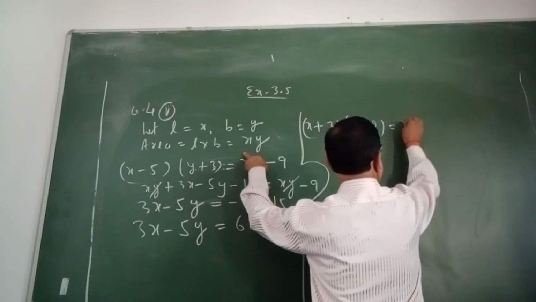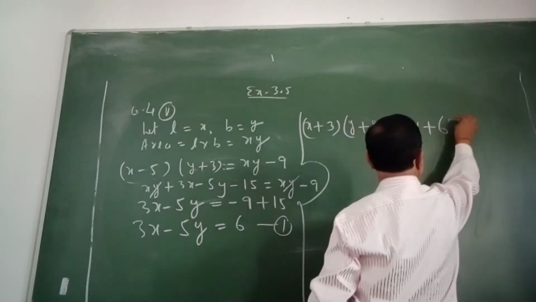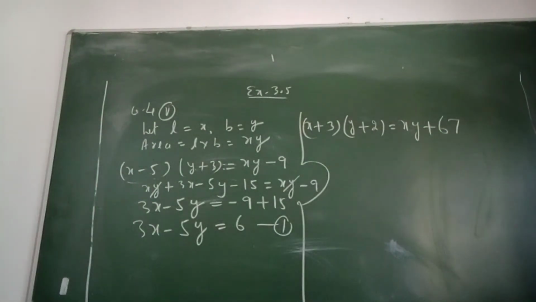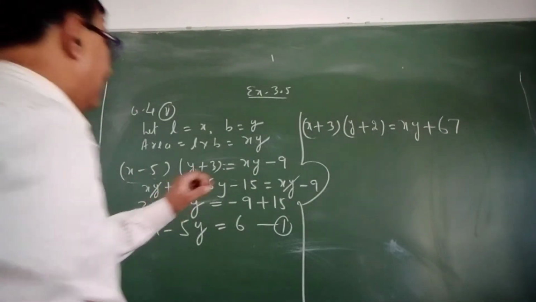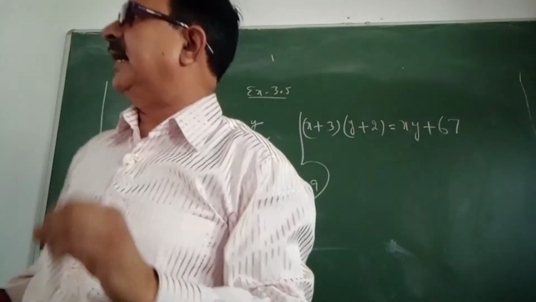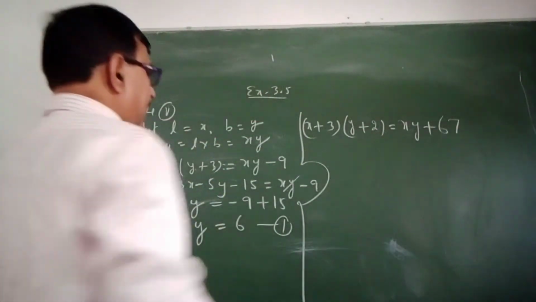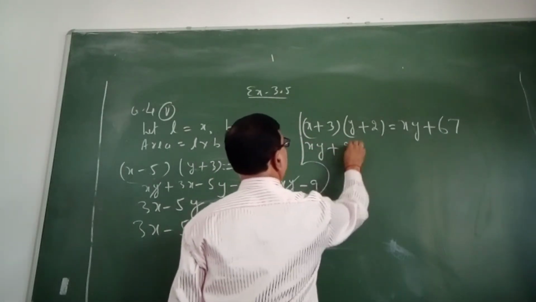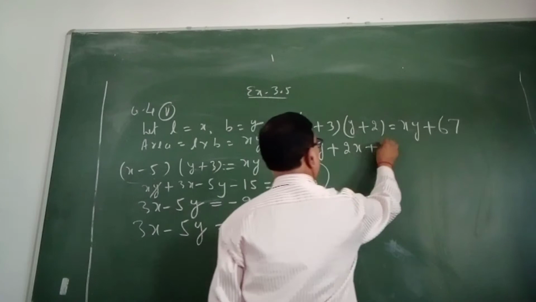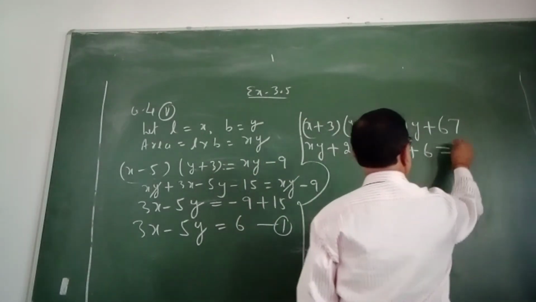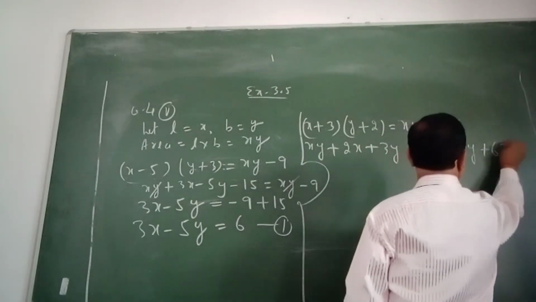Area is xy, increased by 67. Check the equation. If we increase the length by 3, breadth by 2, then the area is increased by 67. So multiplying: xy plus 2x plus 3y plus 6 is equal to xy plus 67.